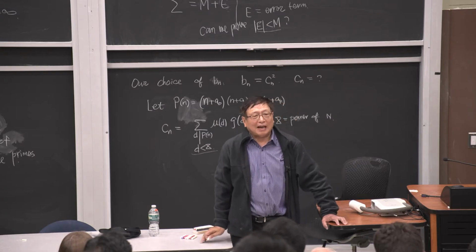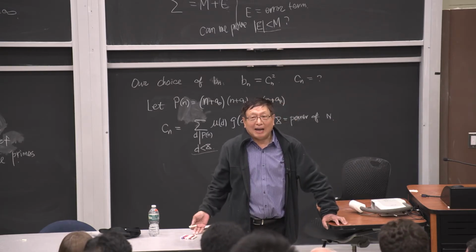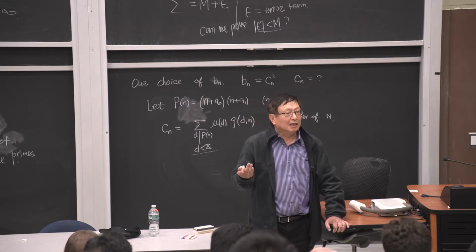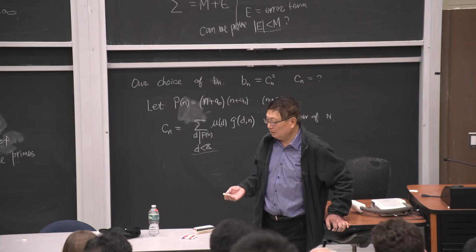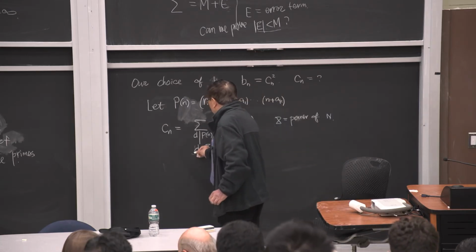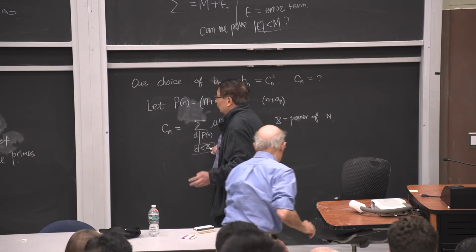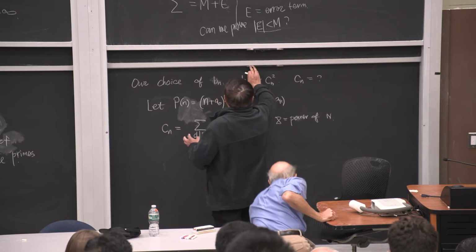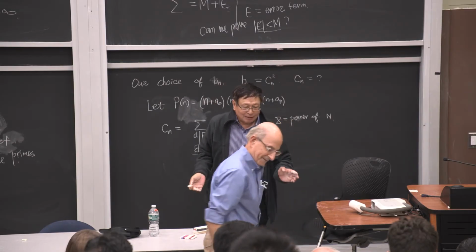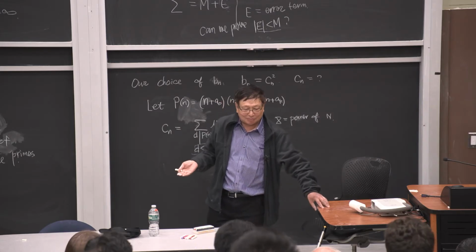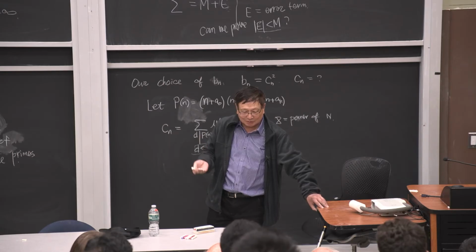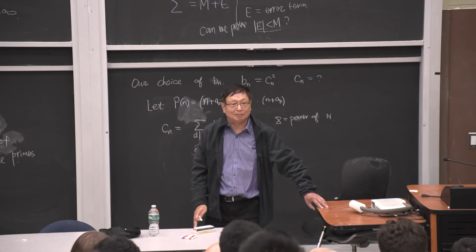Why do we need this one? Because if the capital X is too large, we are unable to handle the error term. We're unable to prove that, in absolute value, the error term is smaller than the main term.